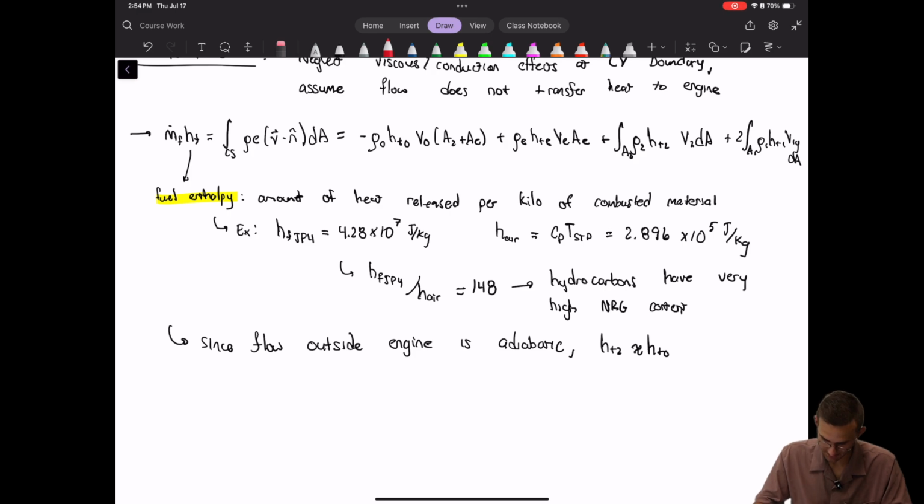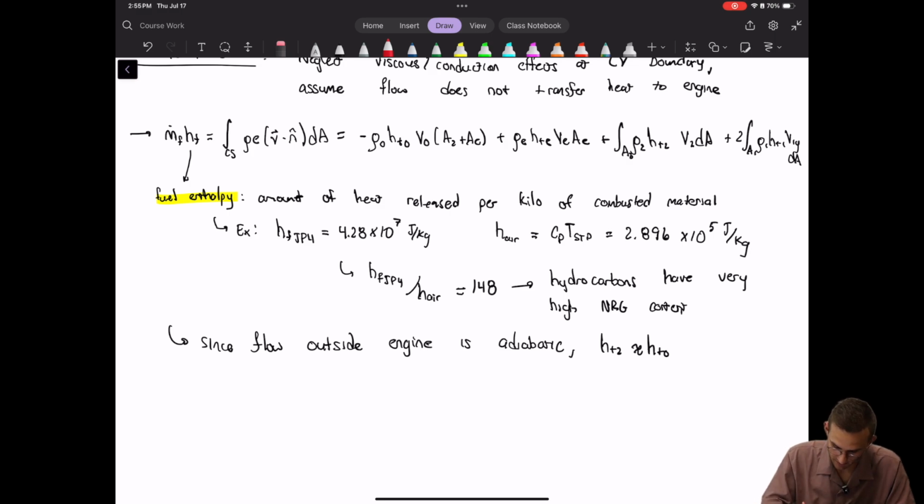HT2 is approximately equal to HT naught, and because those are equal, essentially all of the components of the enthalpy that's being transported in but not captured by the engine, so the part that's multiplied by A2 in this case, is going to cancel on the right-hand side.